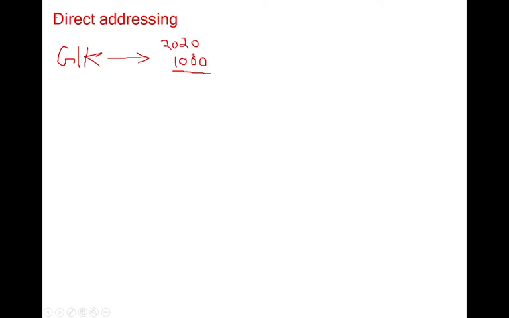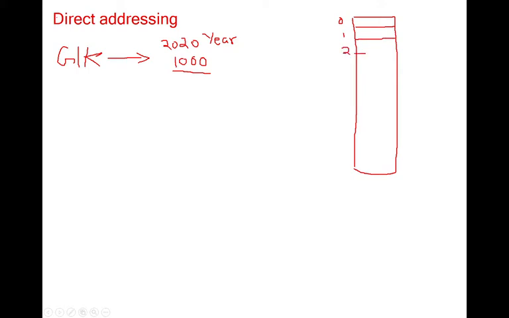Now what will happen is, in direct addressing, we will make an array with 1000 slots. For example, slot number 0, slot number 1, slot number 2, slot number 3, slot number 4, up till 1000, right?